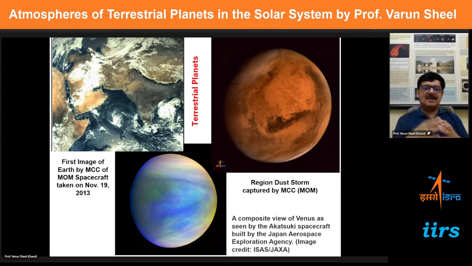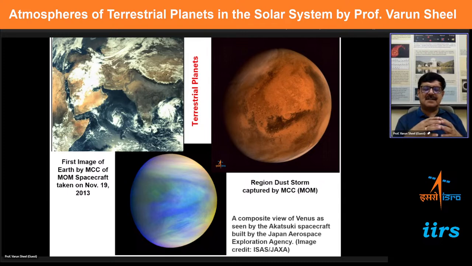And you can see the difference. This is in fact for the Earth. It is the first image of Earth which was taken by the mission, and you can see the clouds and so basically the atmosphere, which all of you know very well for Earth. And for Mars, what you can see is actually a dust storm, which could be seen during that time, and this we will come to in more detail later.